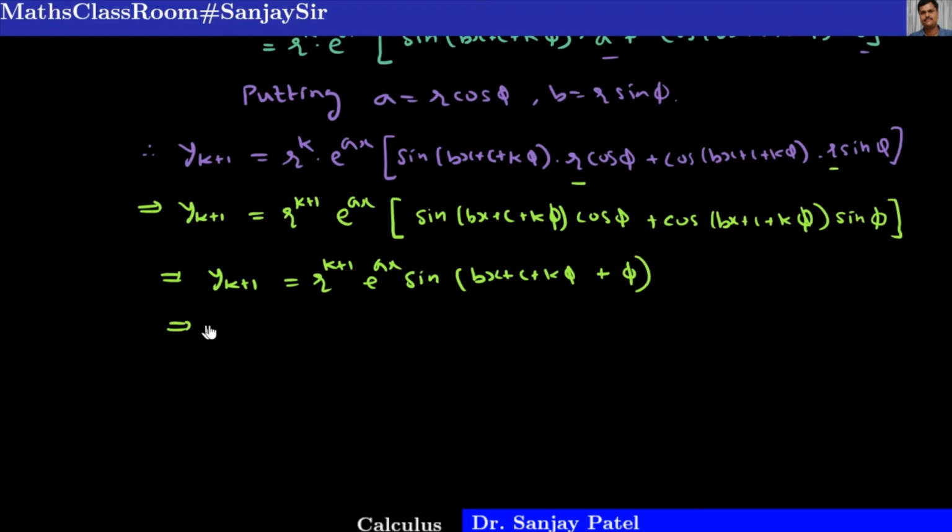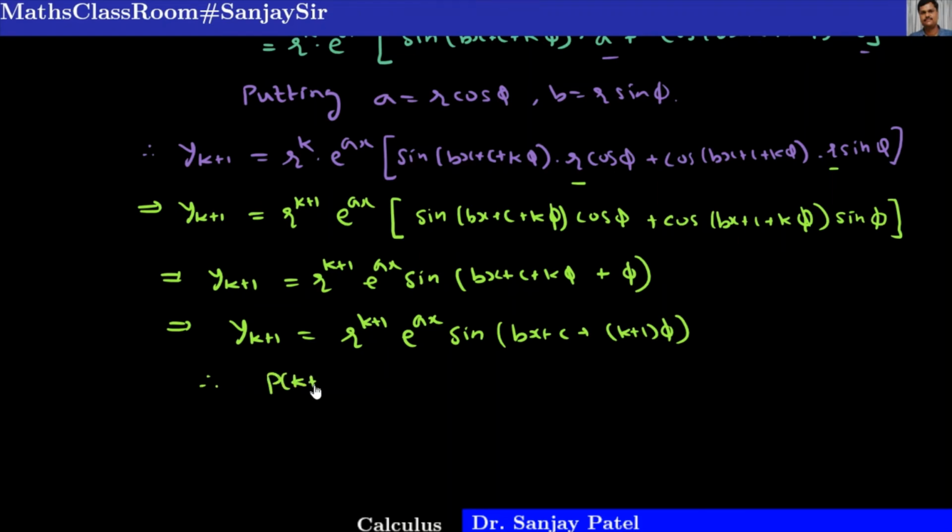So the final step: y(k plus 1) is equal to r raised to k plus 1 into e raised to ax into sine of (bx plus c plus (k plus 1) times phi). So thus P(k plus 1) is true. And therefore the final conclusion here is that P(k) implies P(k plus 1) is true.